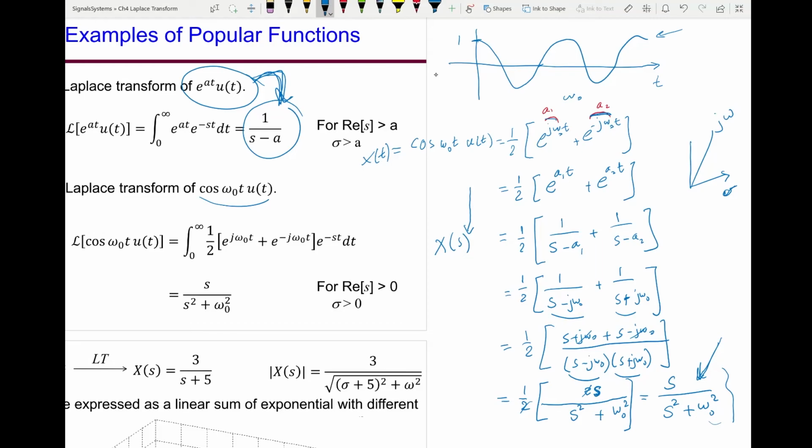Because of that u of t here, it is 0, 0, 0, then a sudden jump, then a cosine. That 0, 0, then sudden jump causes this extra frequency when you plot this one. It's not that you will get, for example, omega 0, if that is omega 0 and sigma is 0, you're not just going to get an impulse like here, one frequency component. You will get a plane, but it will peak somewhere here, then it goes to 0.